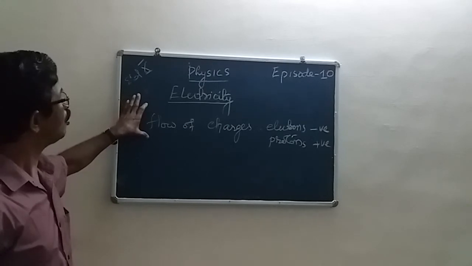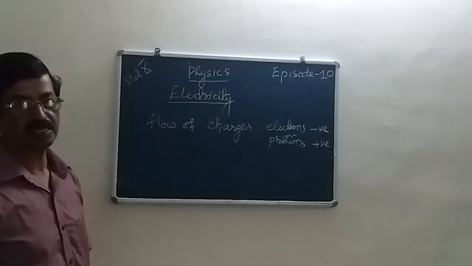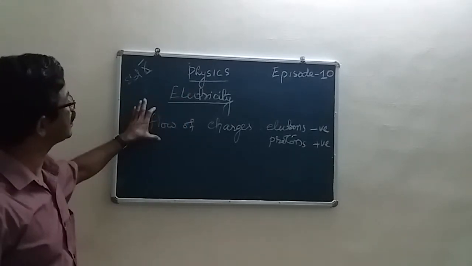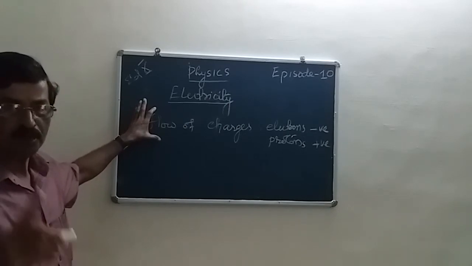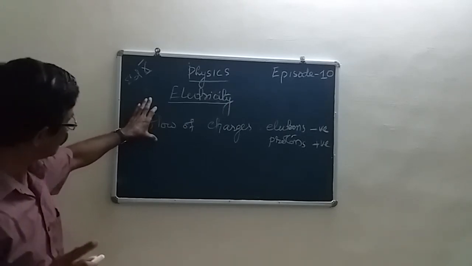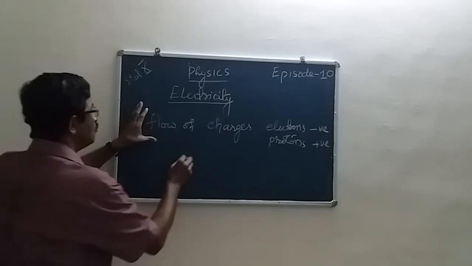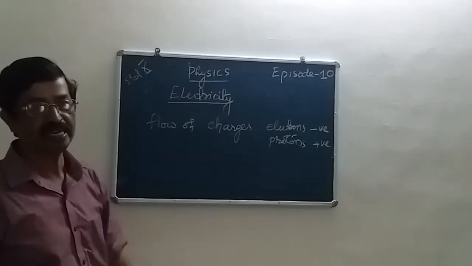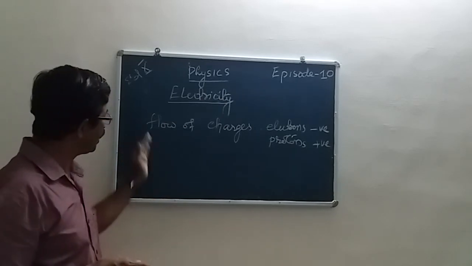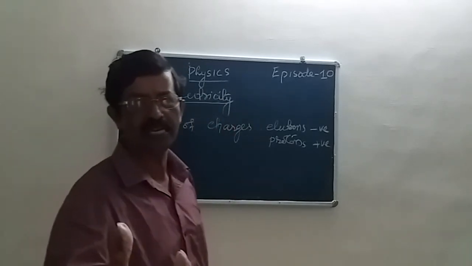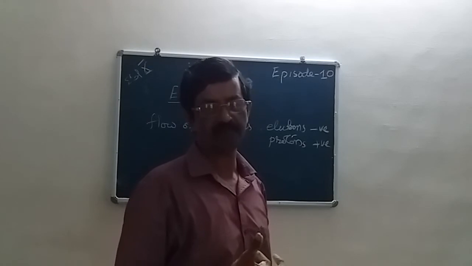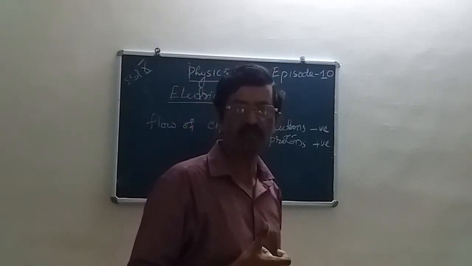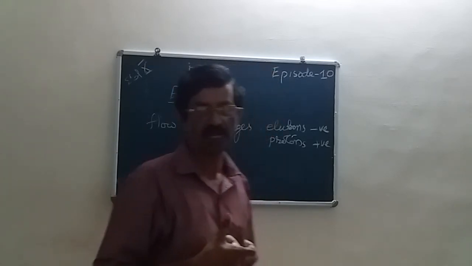Now, flow of charges means the number of charges crossing over a particular area in unit time is called electric current. Actually, electrons are moving.